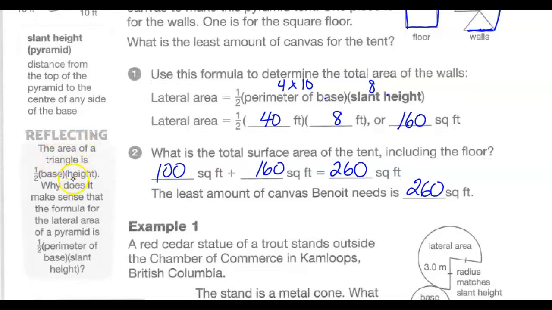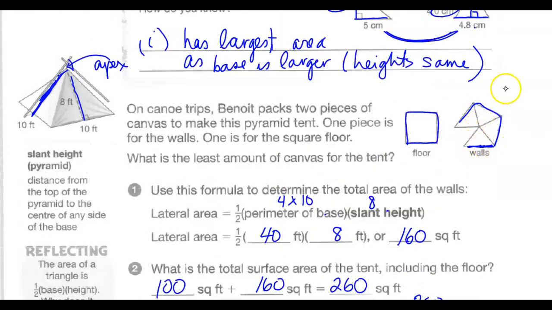The area of a triangle is 1/2 base times height. Why does it make sense that the formula for the lateral area of a pyramid is 1/2 times the perimeter of the base times the slant height? Well, that's what I talked about before, right? Because we're just splitting this. If we did it the long way, we would have 1/2 times 10 times 8 plus 1/2 times 10 times 8.